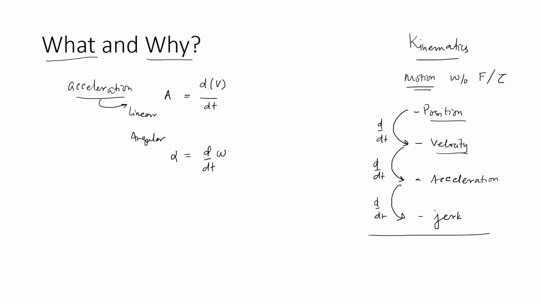And if we jump on to the dynamics part, we would still require this kinematics, because, for example, in the very commonly known expression of force equal to mass times the acceleration, you can see that we require this acceleration in order to define the force corresponding to that particular body having mass m.